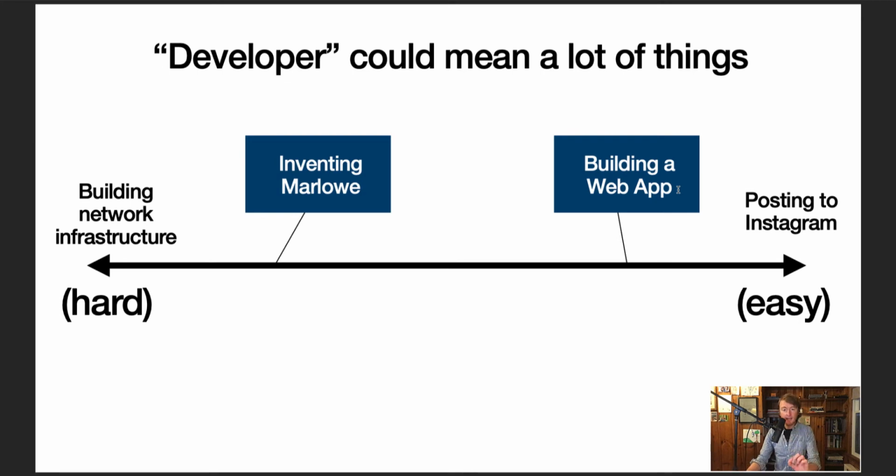But because we have so much experience building web applications, there's a lot of work that you can lean on that other people have done. So you're never starting from scratch when you build a web app.